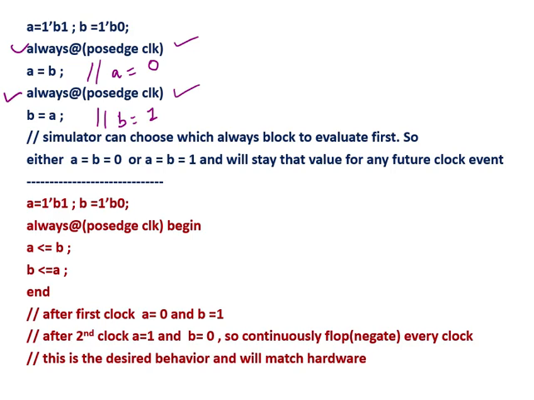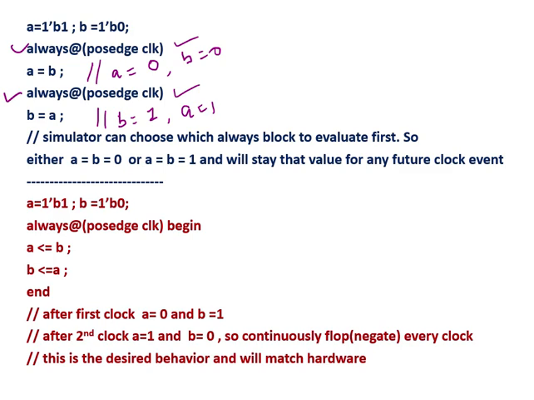So if this block is executed first, always at the positive edge of clock, then what we will get is a equal to 0 and b equal to 0, and it will remain there. And if the other block is executed first, then we will get b equal to 1 and a equal to 1, and this will remain there. There won't be any change in these values.